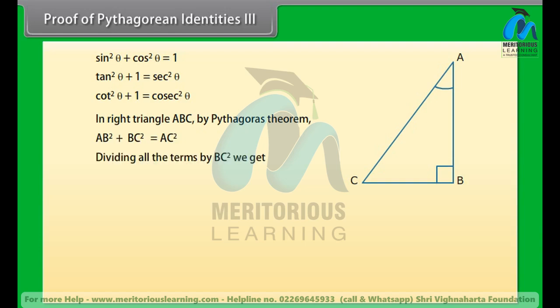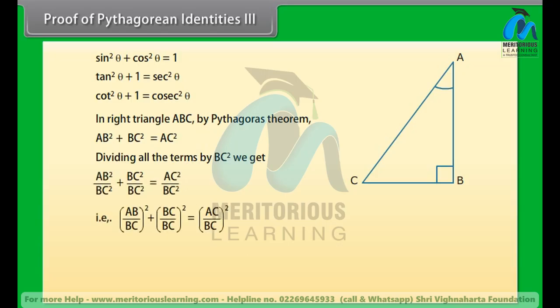Dividing all the terms by BC², we can write it as (AB upon BC) whole square plus (BC upon BC) whole square is equal to (AC upon BC) whole square. That is, cot²A plus 1 is equal to cosec²A.